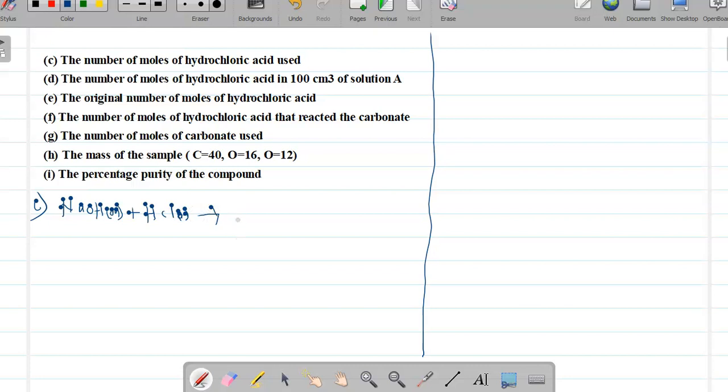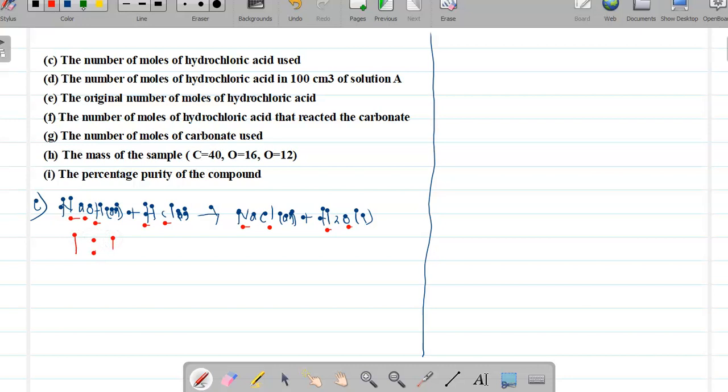Then you get sodium chloride, aqueous, plus water. As a reacting base, the product is salt plus water. This is a neutralization reaction. So balance the equation: sodium 1 here, sodium 1 here, hydrogen 1 plus 1, 2 hydrogen here, 2 hydrogen, oxygen 1, oxygen 1, chlorine 1, chlorine 1. So that means the mole ratio is 1 to 1.